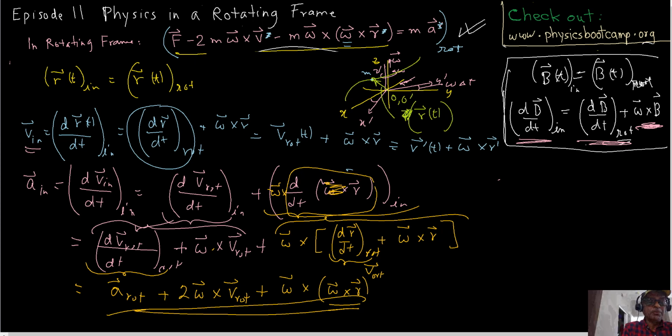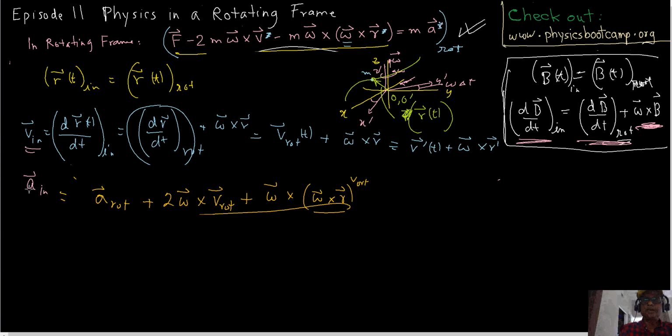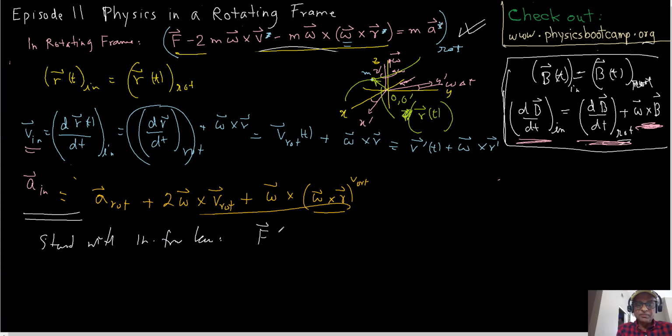So for the inertial frame, the law is very clear. We start with the inertial frame law, F equals mass times acceleration. This is very simple, straightforward, the same old law. Then we put this whole thing over there, m a rot plus m times all this fictitious stuff from here to there.